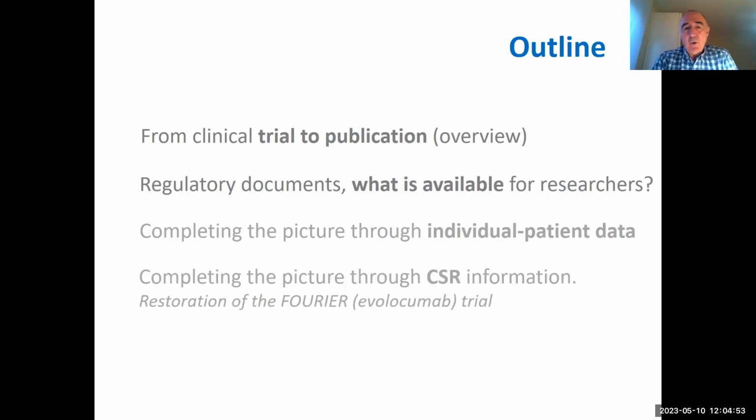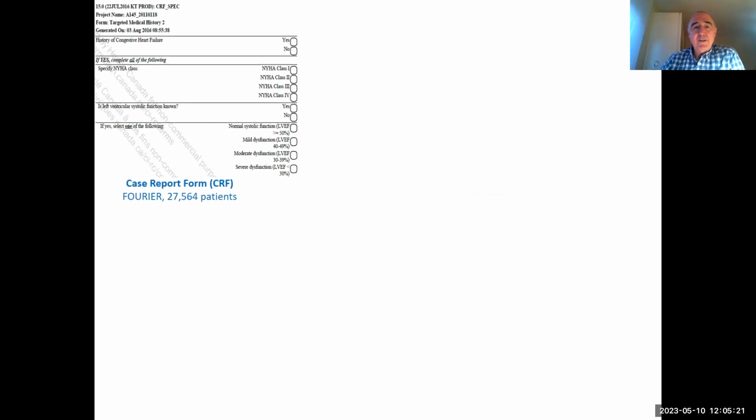But we'll mainly focus our attention on the information from the clinical study report and how helpful this information can become to complete the picture. And for this, we'll use as an example the restoration of the Fourier trial, which is a very large and important trial. And then the conclusions.